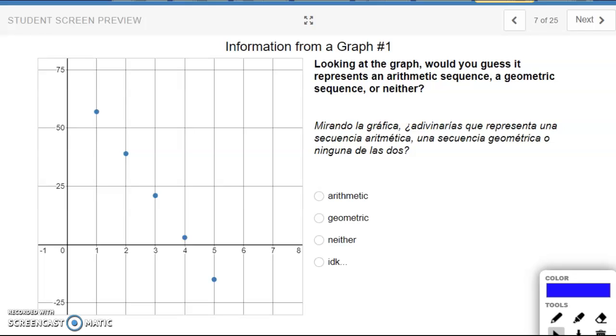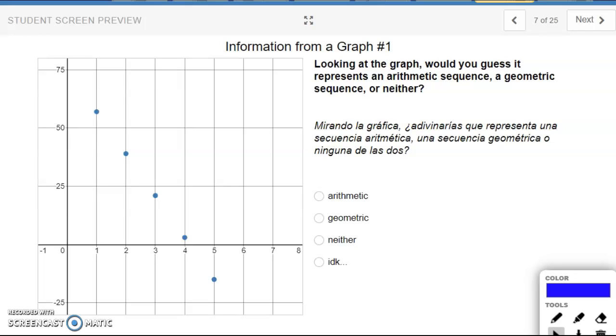Now we're up to card number 7 of Desmos. Information graph number 1. Looking at the graph, would you guess that it represents an arithmetic sequence, a geometric sequence, or neither? As the term number increases, 1, 2, 3, 4, 5, the value of the first term looks like maybe 55, and then it goes down to somewhere around 33.